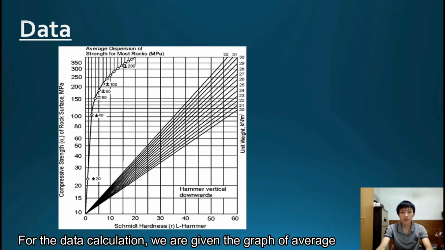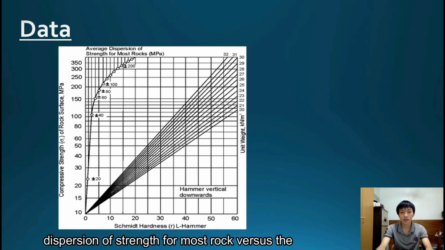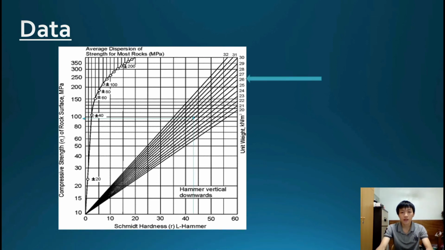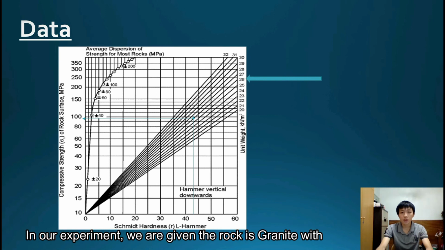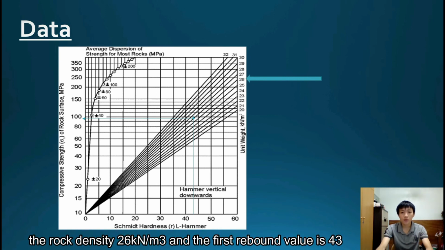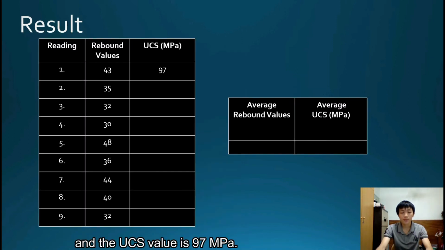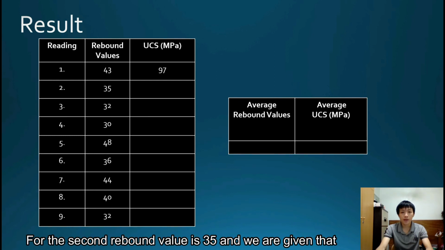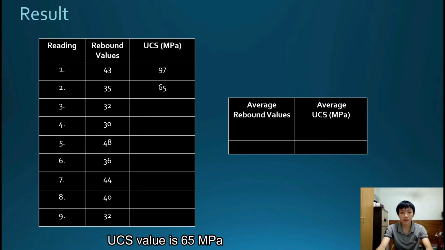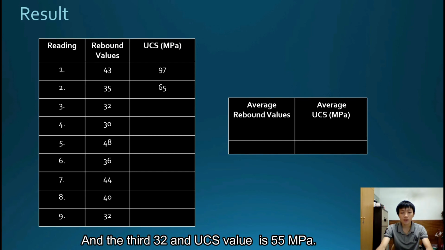For the data calculation, we are given the graph of average depression of strength for most rock versus the strength hardness of the hammer. In our experiment, the rock is granite with a rock density of 26 kN per meter cubed. The first rebound value is 43 and the UCS value is 97. The second rebound value is 35 with a UCS value of 65, and the third is 32 with a UCS value of 55.